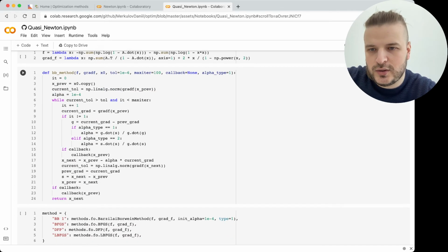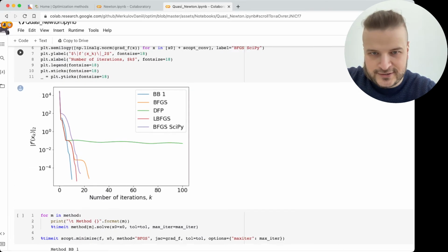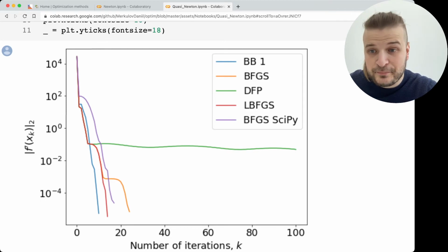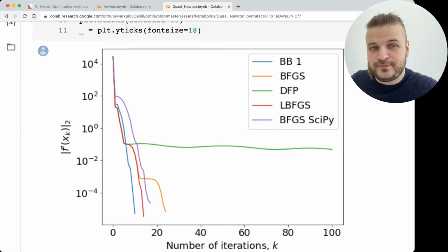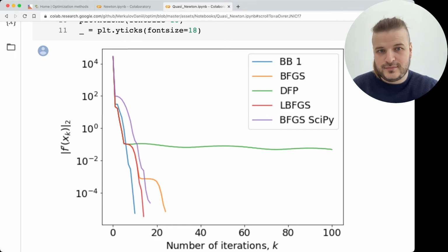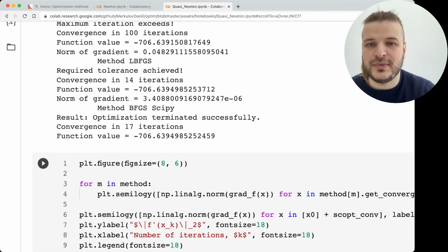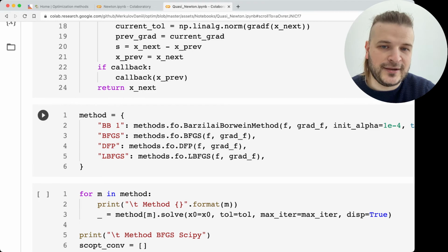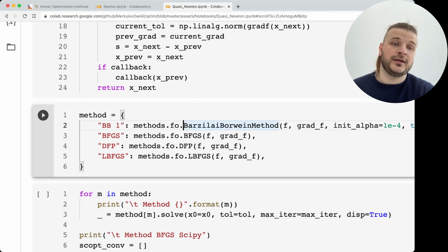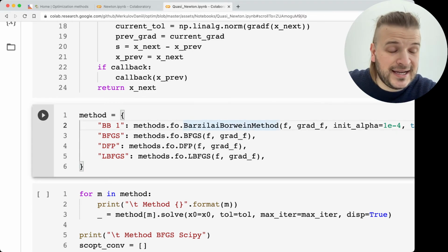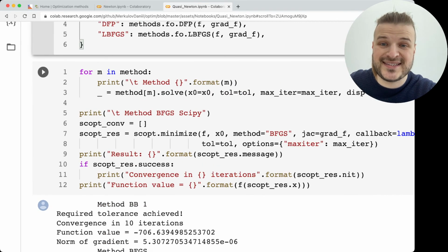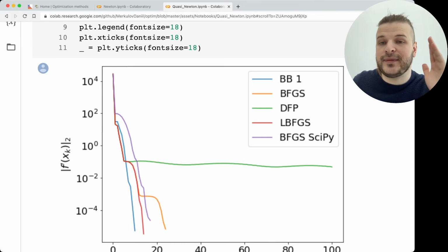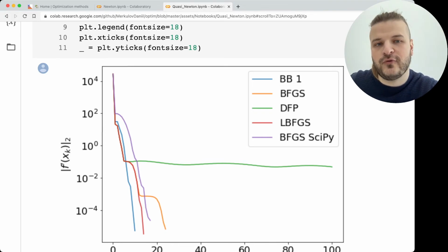Okay, and let's take a look at the direct comparison here. For example, the comparison of the Barzilai-Borwein method, which is called BB1, is actually just a variation of the gradient method with some heuristic on step size selection. So BB1 here stands for one good heuristic for the gradient method.